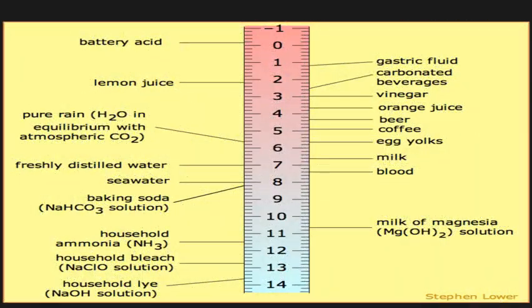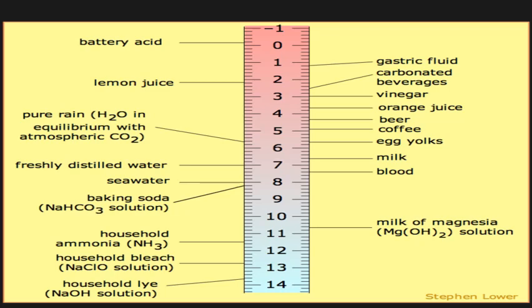If you observe this pH scale, battery acid is almost 0, the pH is 0, gastric juice 1.2, lemon juice 2.2, milk 6.6, and pure water is 7, that is freshly distilled water, isn't it?